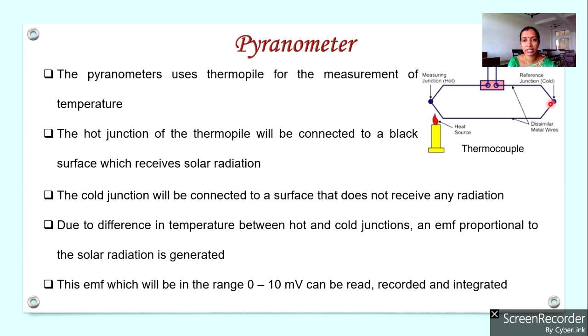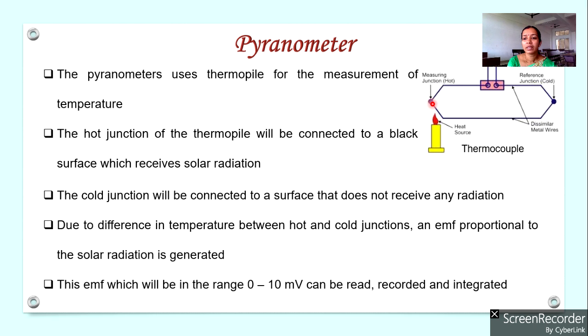So there will be two junctions, and one of the junctions will be kept at a reference temperature. So we will know the temperature of this particular junction, and if we have to measure a particular temperature, that will be applied to this junction. The temperature to be measured is applied to this junction.